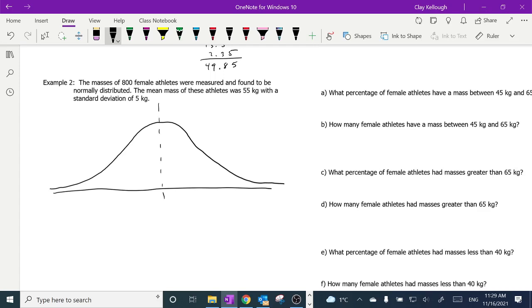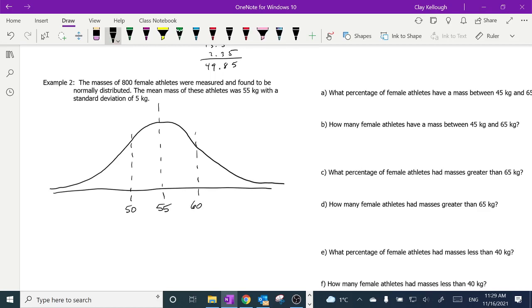So there's mu. There's my mean. And what's the mean this time? The mean of these athletes is 55 kilograms. And the standard deviation is 5. So 1 standard deviation, you start to kind of go down the curve here. And try to make this symmetrical. This should be the same size on either one. So this would be 5 in either direction, right? The standard deviation is 5. So just like the last example, I'm counting by 5s along my axis here.